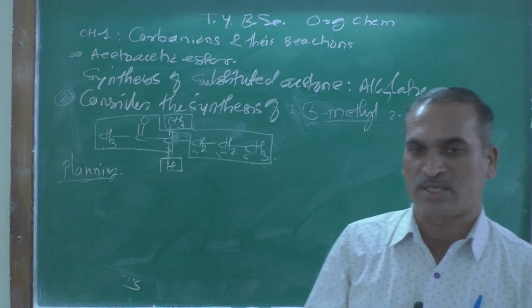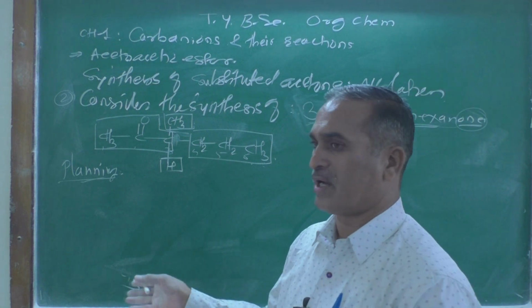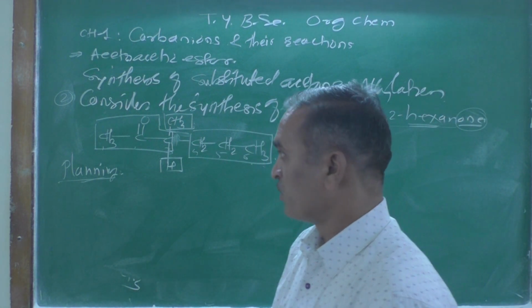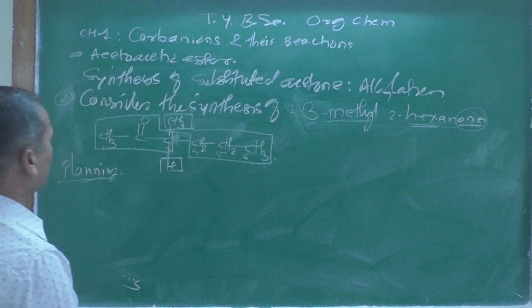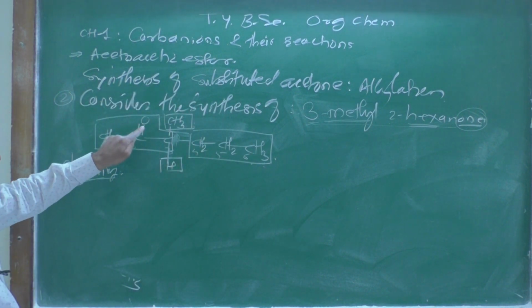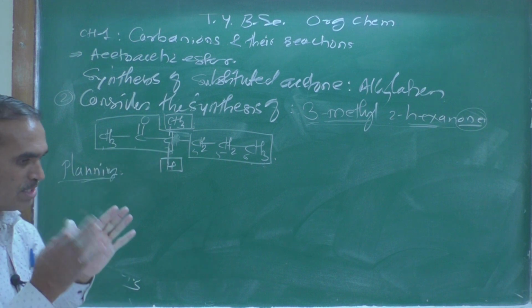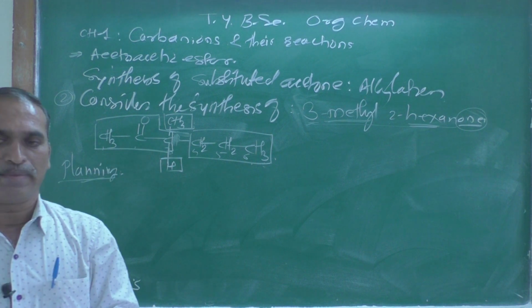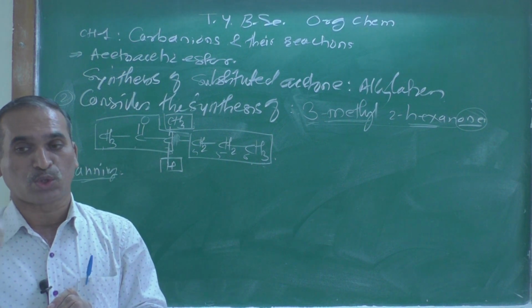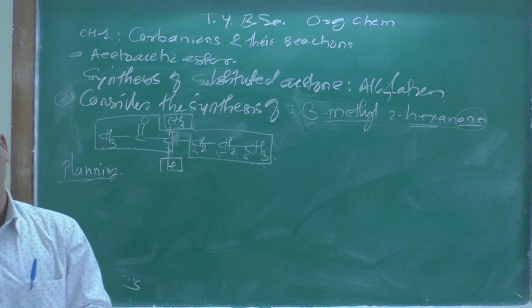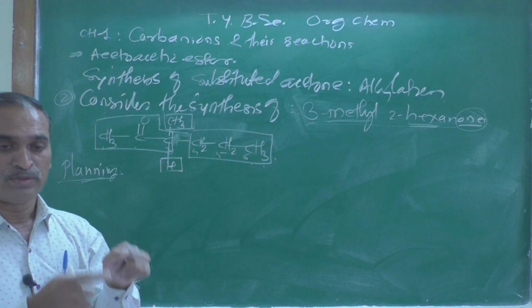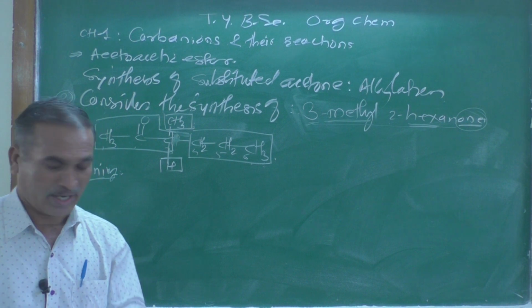By observing this structure, you have to tell me which part is coming from which. Suppose over here CH3, C double bond O and H is specifically coming from acetoacetic ester. This is one of the important points you notice here.